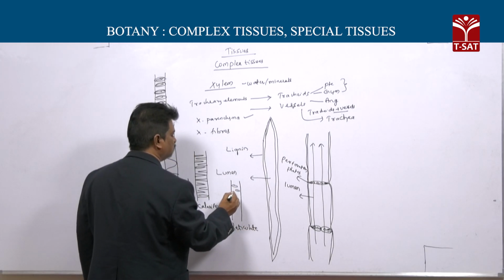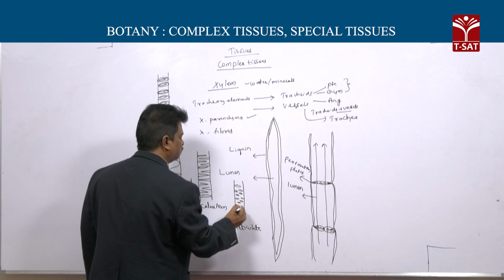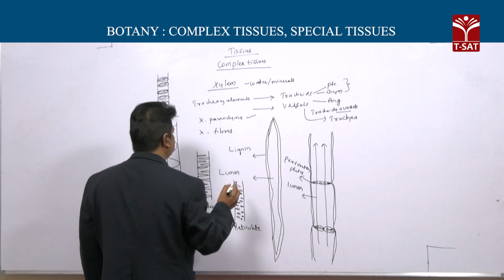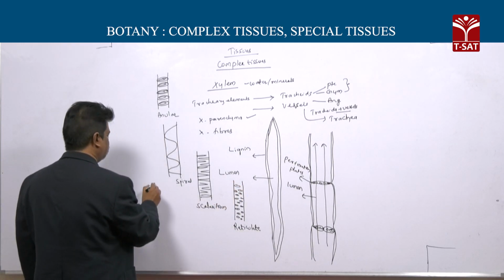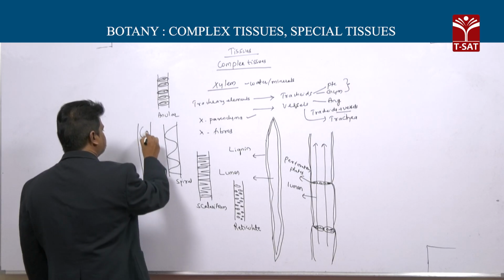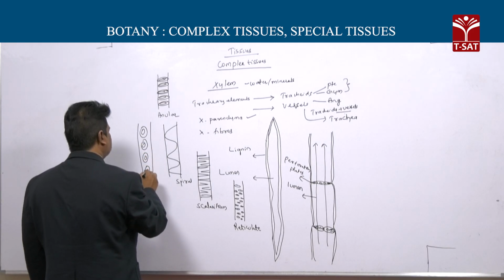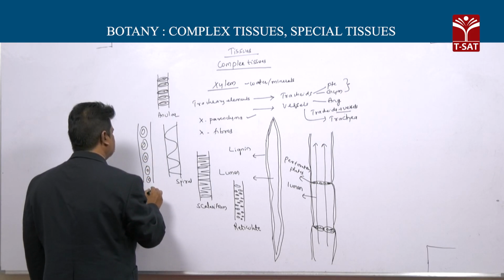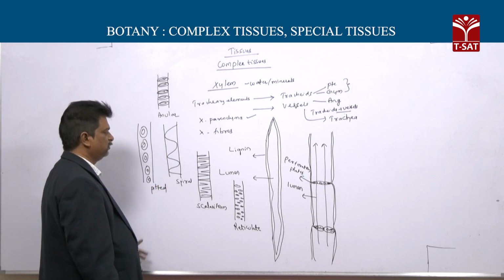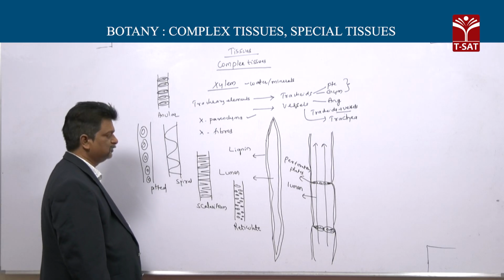If lignin deposition is net-like, it is called reticulate. Next one, this lignin deposition is in the form of pits. If lignin deposition is in the form of pits, it is called pitted type. These are types of lignin deposition present in both tracheids and vessels.